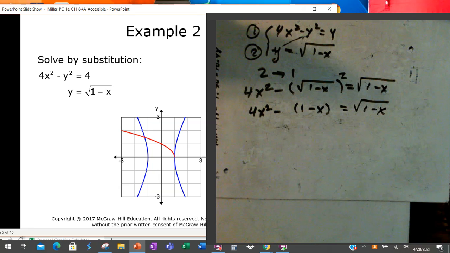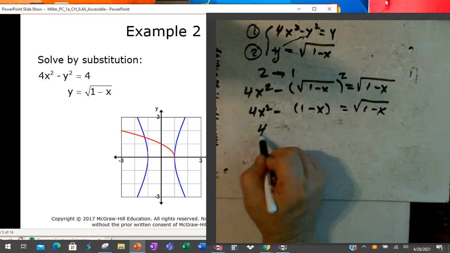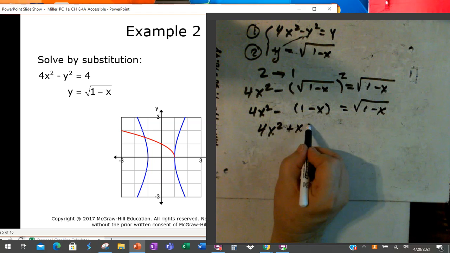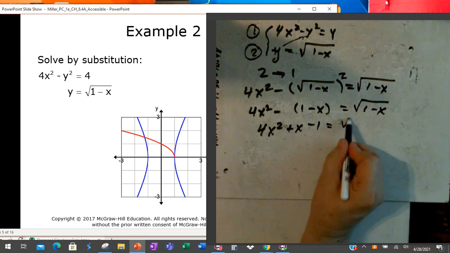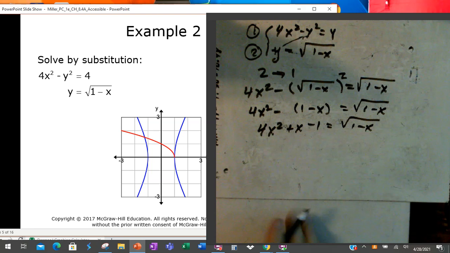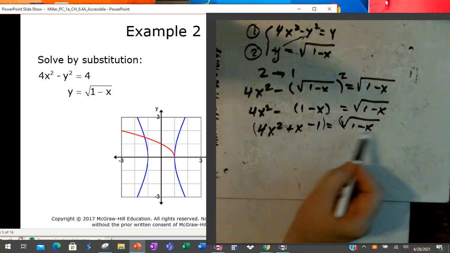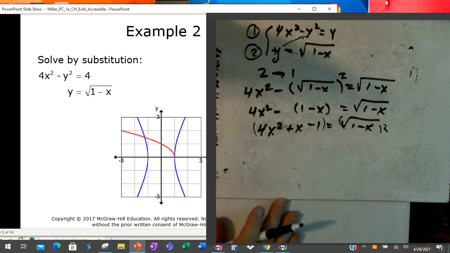Okay? Four x squared plus x minus 1. Now, if I square all that to get rid of this thing, that's going to be a pretty big problem.